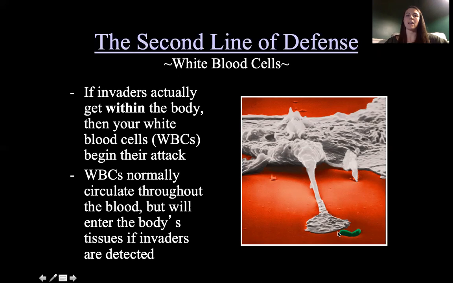There are lots of different types of white blood cells. You don't need to know all the different terms and all their different functions. But typically white blood cells circulate throughout the body in the blood. But if there's an infection, then these white blood cells sort of seep out of the blood and into the body tissue where they start eating whatever invader they find.